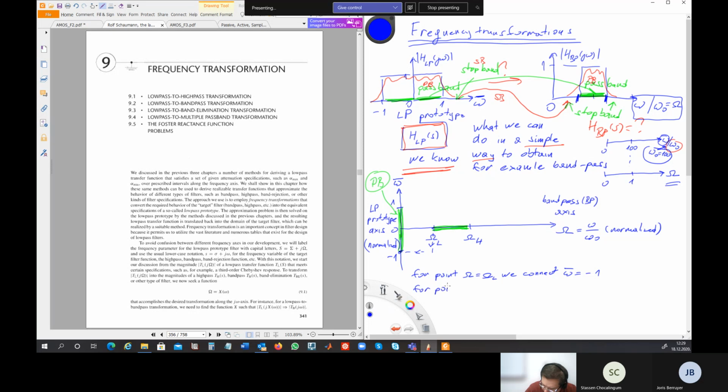For point omega equal to omega h, omega high, we connect omega bar to +1.